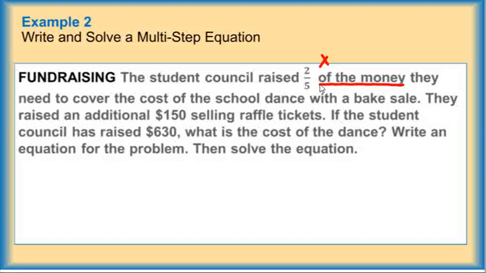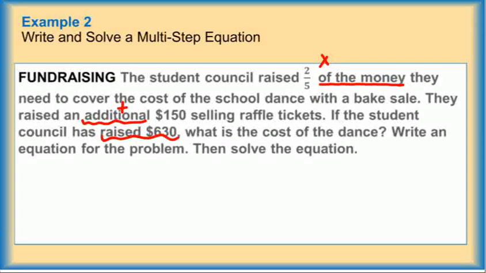They raised an additional $150 selling raffle tickets. Here's a keyword, additional, which means we are going to be adding 150 somewhere in our equation. If the student council has raised $630, so this is their total, what is the cost of the dance? Write an equation for the problem and then solve the equation.